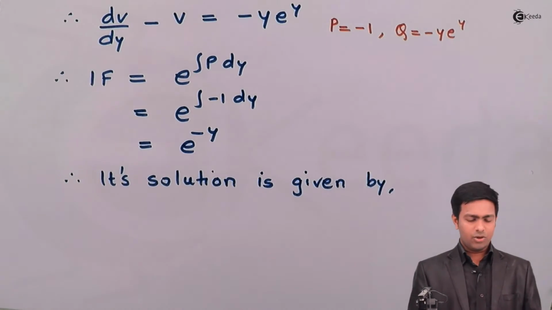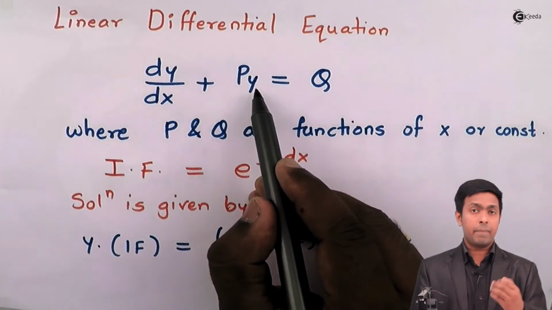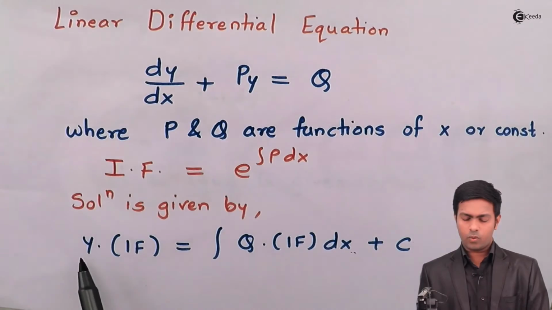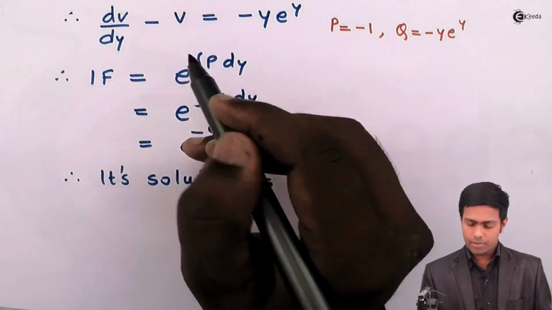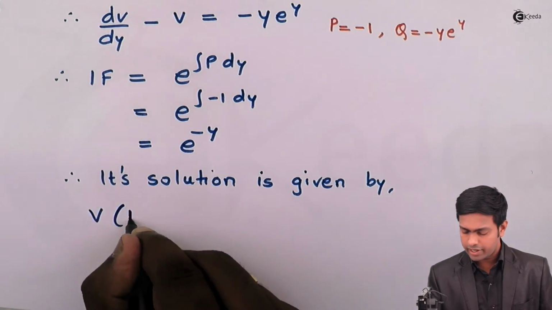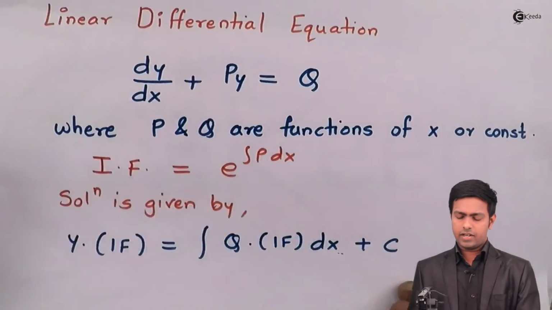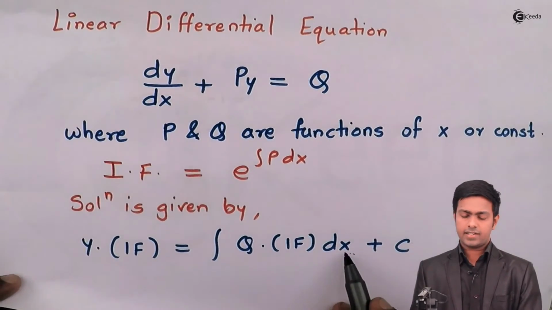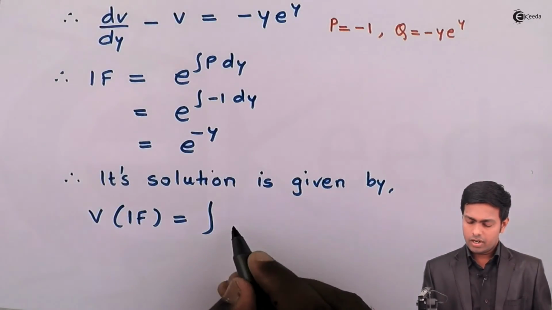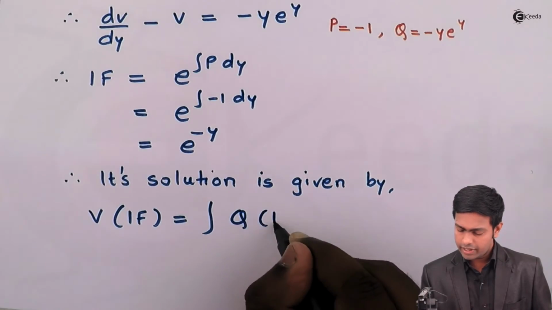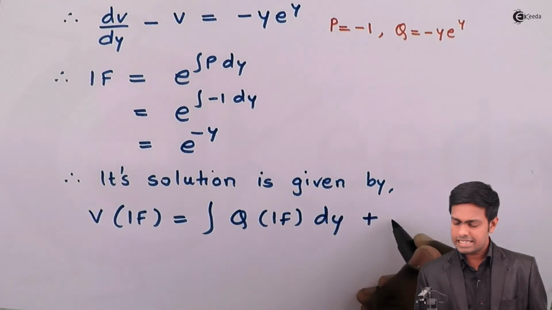To get the solution, let's observe the form. In this form, y is the dependent variable, hence in the solution we get y into integrating factor. Now in our case, v is the dependent variable, so here I'll say v into integrating factor equal to the integration of q into integrating factor dy, because I have dy over here, plus c.